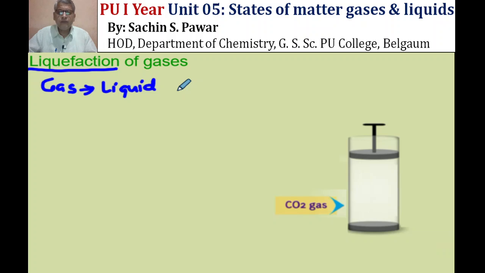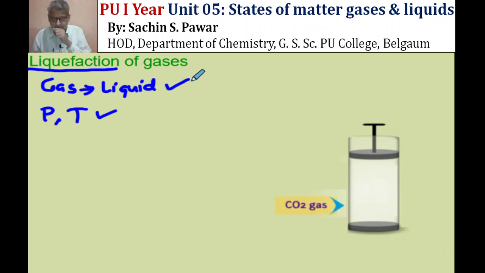So if you want to convert the gas into liquid, then you need to pressurize the gas particles together, which means you require an external pressure, and you need to decrease the thermal motion of those particles, that is, you need to decrease the temperature. So these two factors have to be decided, and at a proper pressure and temperature the gas is going to liquefy.